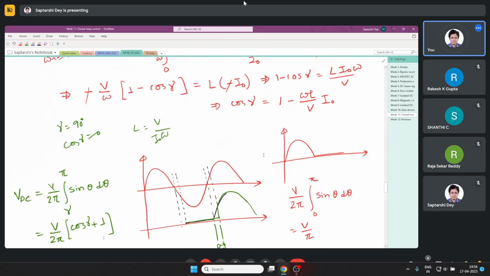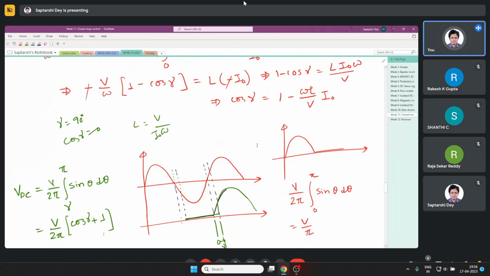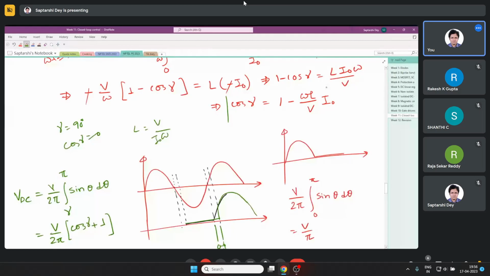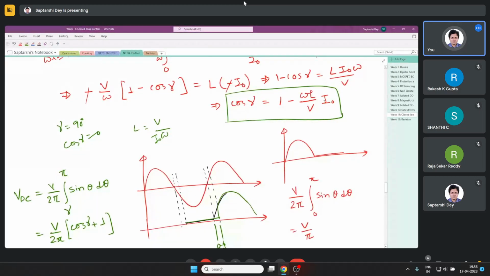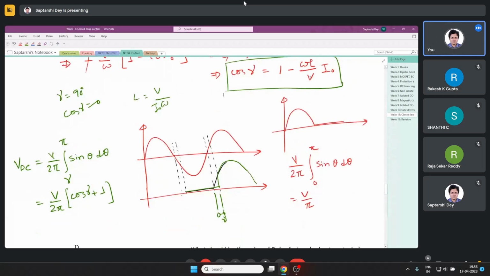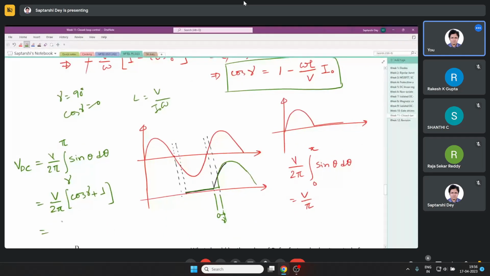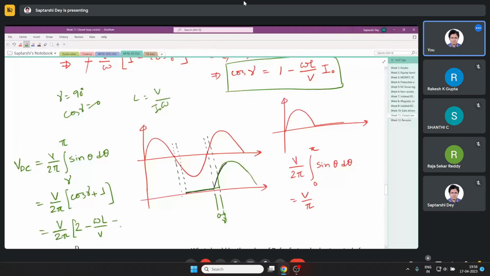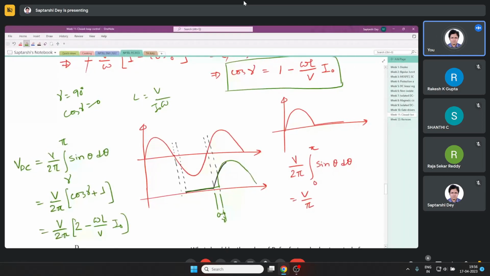Okay, so cos gamma plus 1. Look at this equation. We have already derived cos gamma. So cos gamma plus 1 is 2 minus this thing: V by 2 pi times (2 minus omega L by V times I naught).